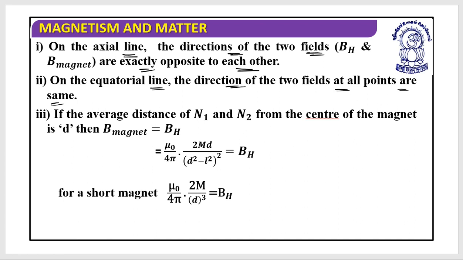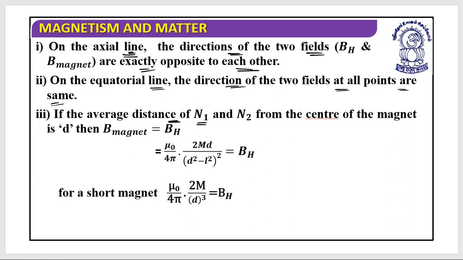If every magnetic field has the same direction, they are going to add up, not subtract one another. If they add up, they cannot produce a zero result. But on the axial line, we could have a null point.